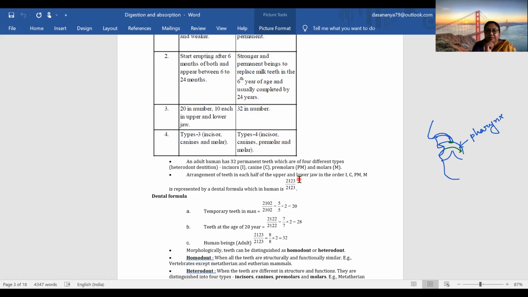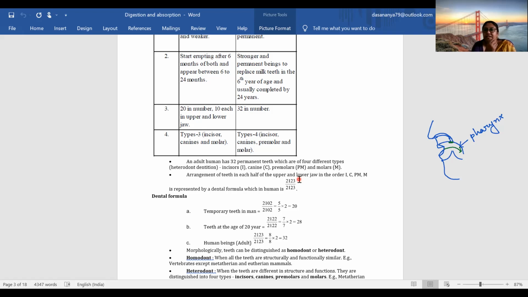Then there will be premolars. Premolars are teeth which are present just by the side of the canine, and finally at this part we have the molar teeth.